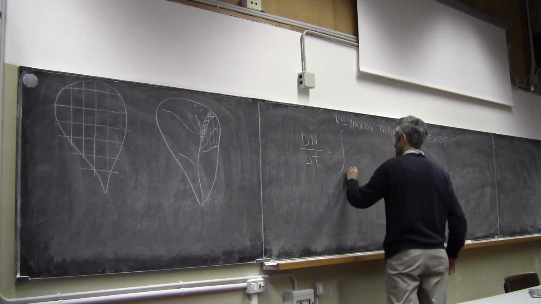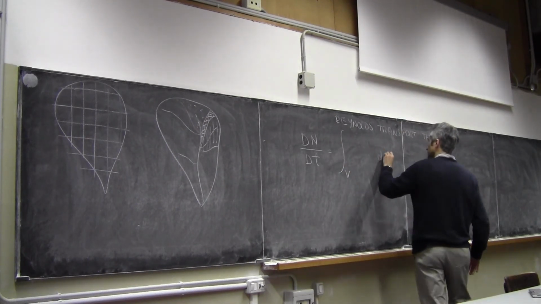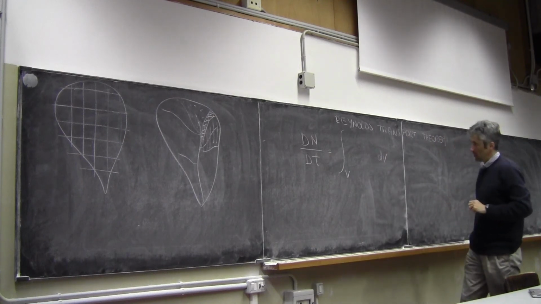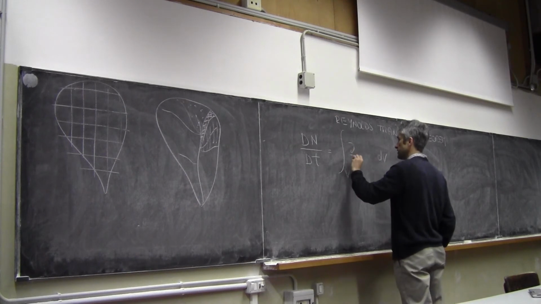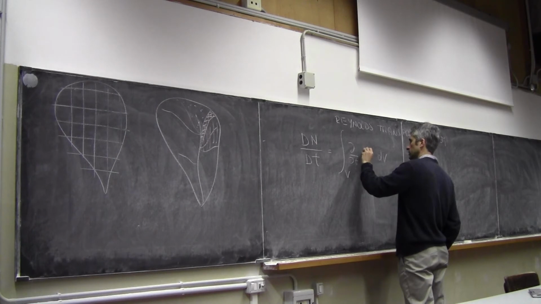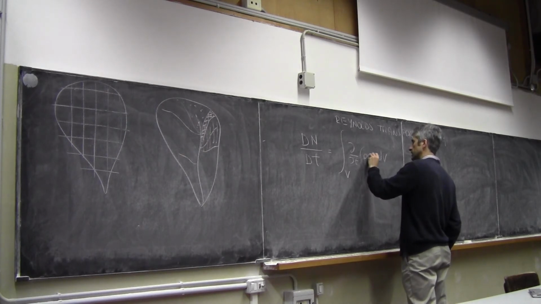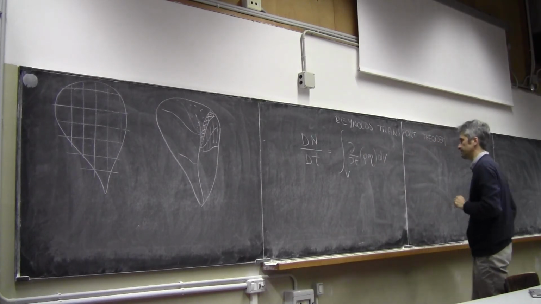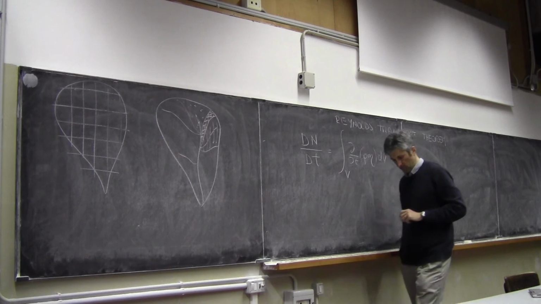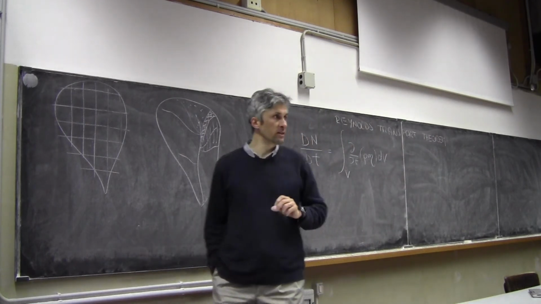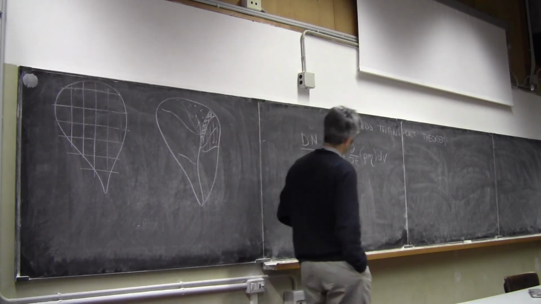The first is a volume integral, which is the integral of the partial derivative along time of the product of two quantities. Let's indicate them as rho and eta. What are these two quantities?